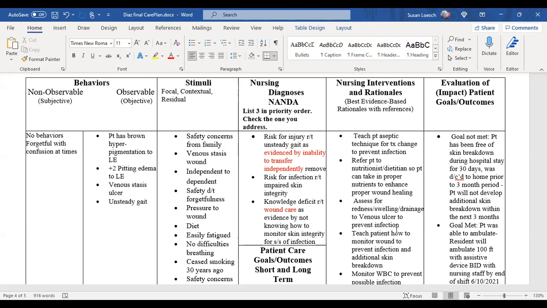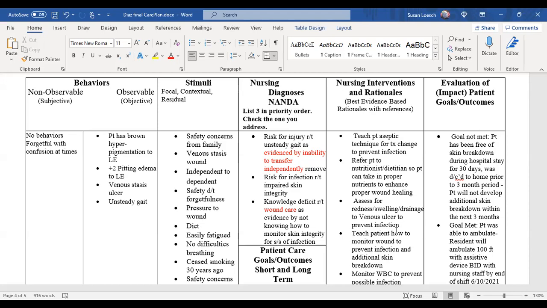Now, when you do the risk for, you really only need that two-part statement, the risk and what's causing the risk. But if you look at this care plan at the bottom where it says knowledge deficit, that's an actual nursing diagnosis.